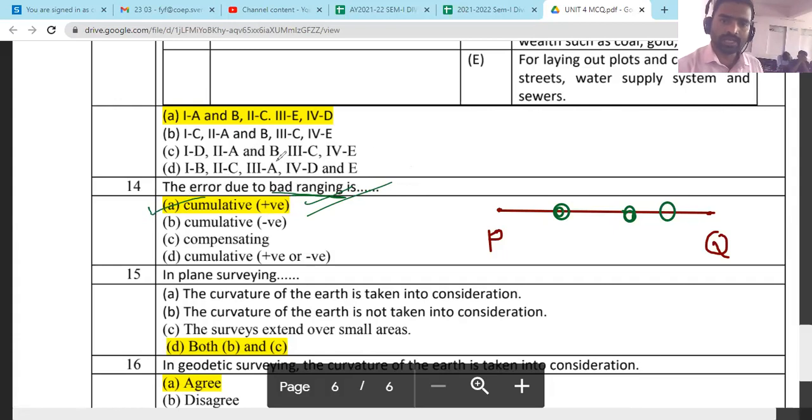If you are not measuring the accurate distance between P1, P2, P3, there is an error here, and here also, so errors are increasing. When errors are increasing, that is called cumulative error. If you do bad ranging, errors increase. That is positive error.